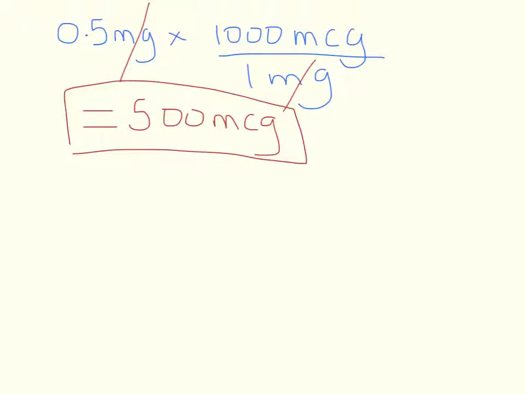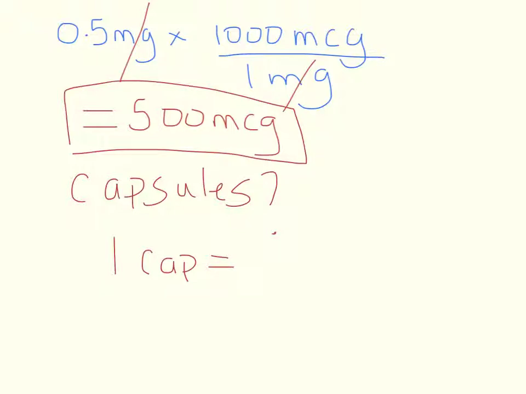So that's the first step to completing this question. Now the second question we have to answer is, well, how many capsules do we need? This is where we've seen questions like this before, because now we're going to use our second unit fraction. We revert back to the question for that information, particularly the label of the drug that has been prescribed, Ticacin. On the label itself, recall that it says 1 tablet, or 1 capsule, I should say, is equal to 125 micrograms.